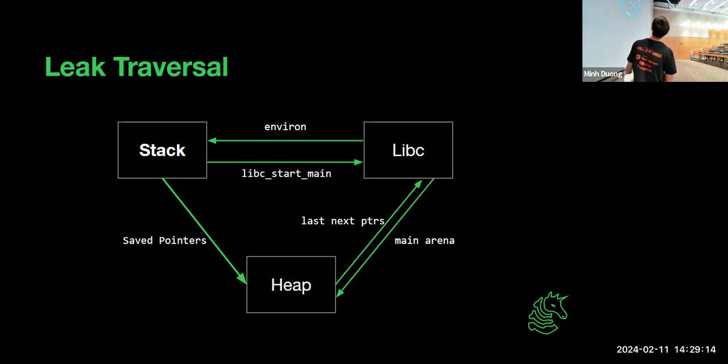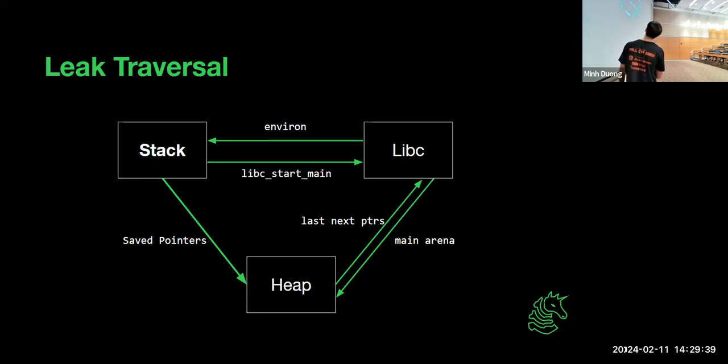The stack, usually the only way you're leaking the heap from the stack, from reading something off the stack, is some saved pointer, because presumably you're allocating off the heap, saving it to a variable, passing it around. Between the stack and libc, libc has a symbol called environ, which points to where environment variables start on the stack. So that's very useful if you need a stack leak and you could read somewhere off of libc.